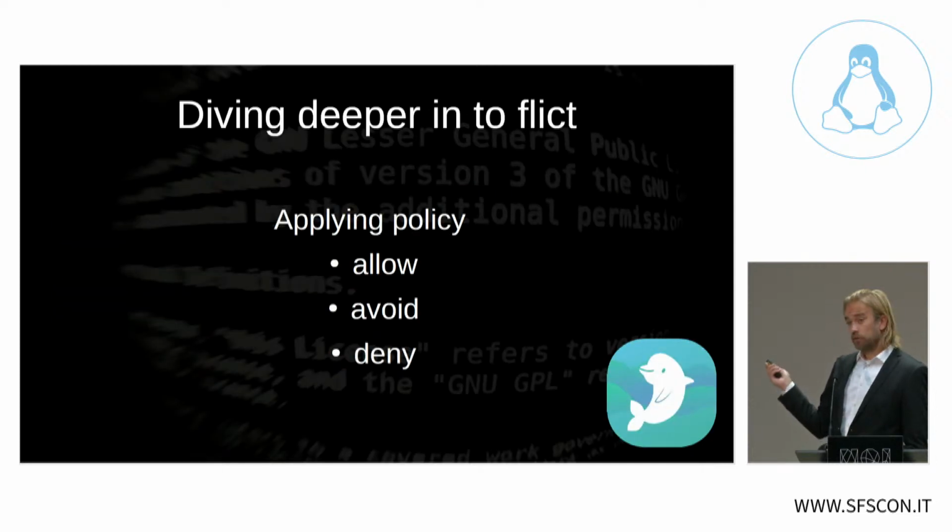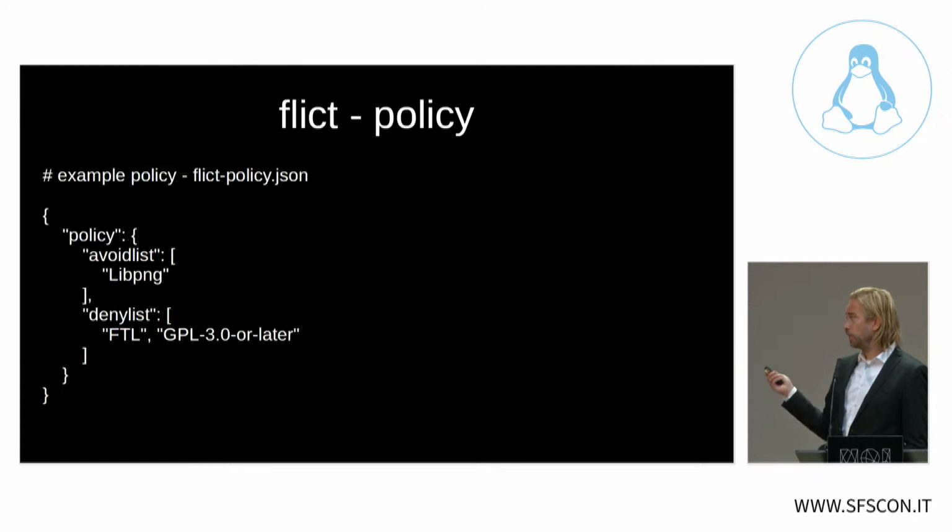Another thing, say we want to apply our policy. It could be that we have a policy where we want to avoid libpng. Nobody wants to avoid libpng. But let's say that we want to do that. We want to totally deny FDL, FreeType license. Nobody wants to do that. GPL v3.